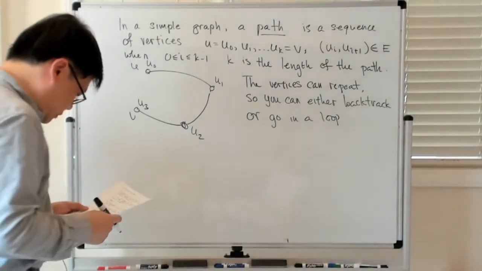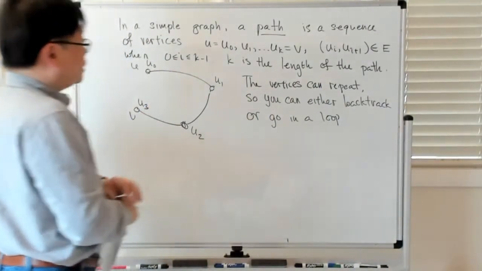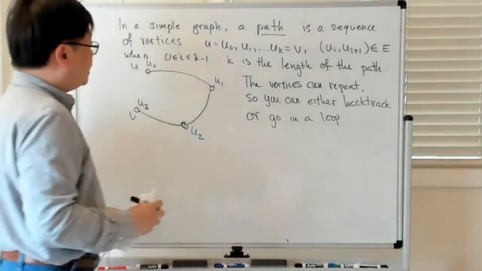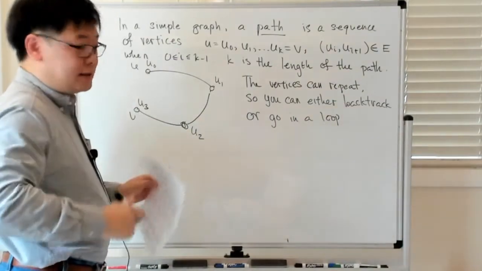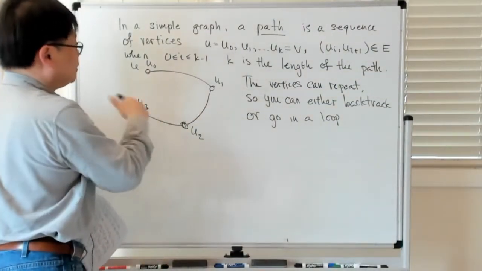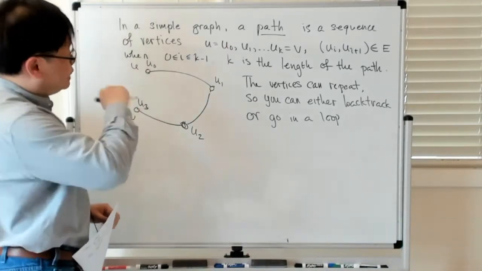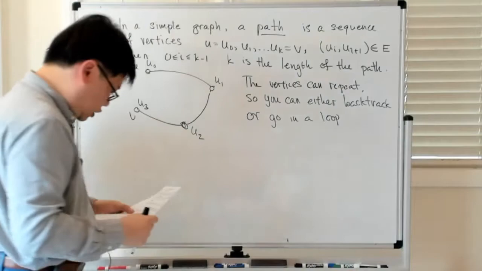That's okay. But of course, you might want to get rid of all these redundant backtracking and loops, to have what is called a simple path. As the name implies, in a simple path you have this sequence of vertices, but the vertices in that sequence are all distinct from each other.